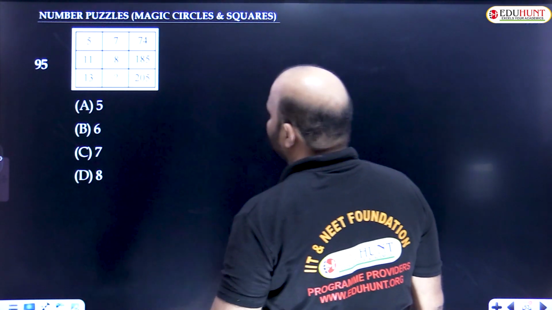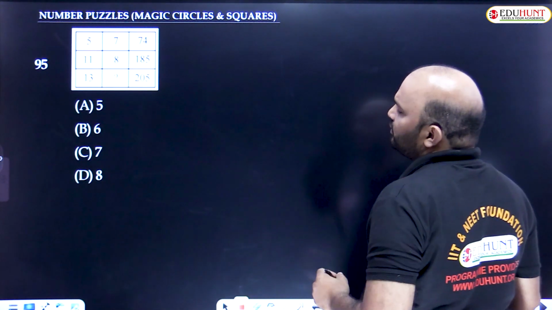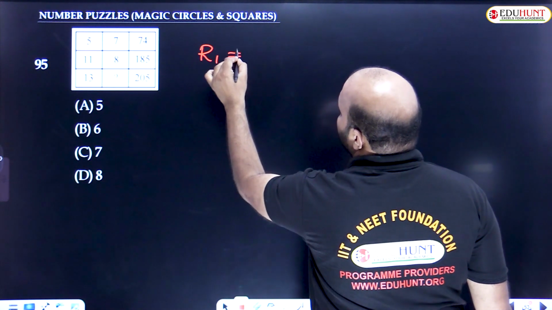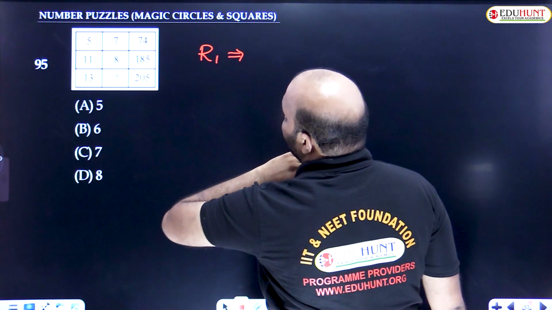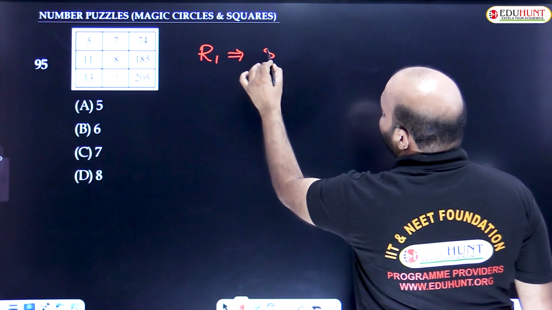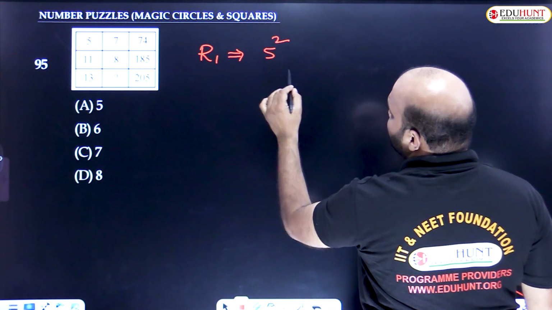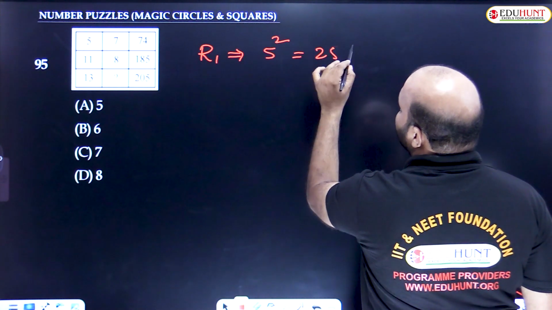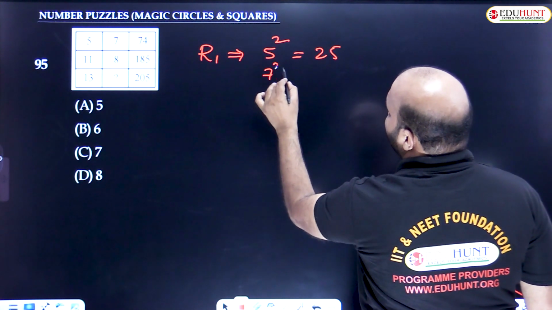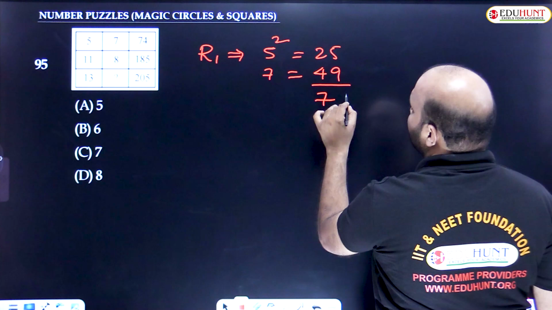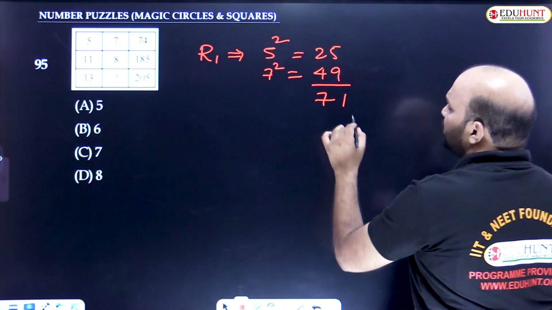So in the 95th question, the first row numbers given are 5, 7, 74. What is the 5 square value? 5 square value is 25. And 7 square value is 49. What is the total? 74.